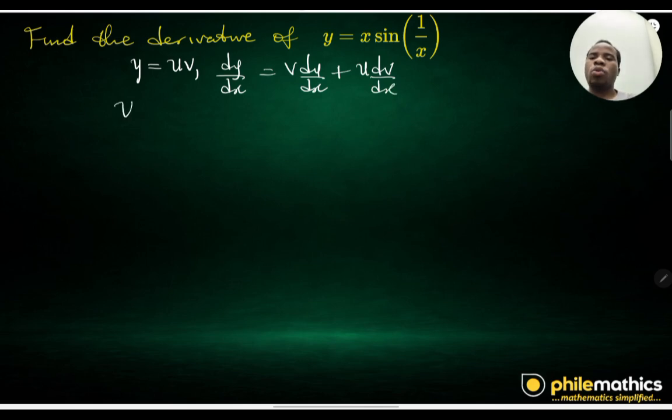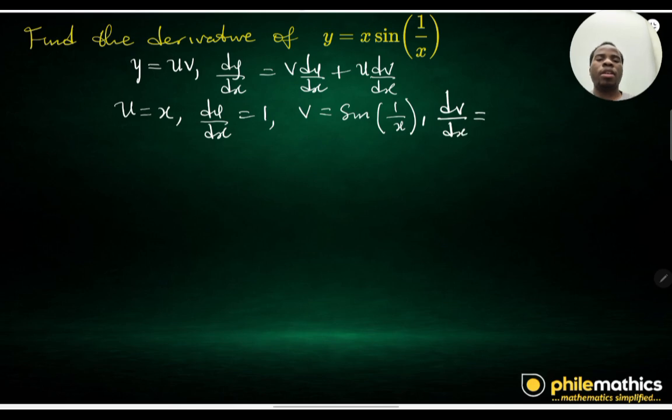So if our u is x, simply du/dx is 1, and if our v is sine 1 over x, then dv/dx is: differentiate the outside function, which is sine, to get cos 1 over x, and then differentiate the inner function, which is 1 over x.